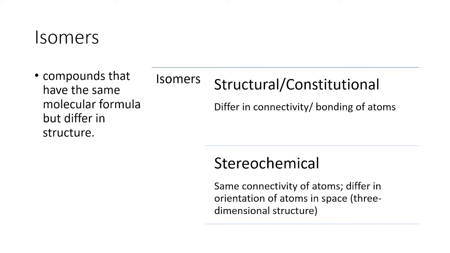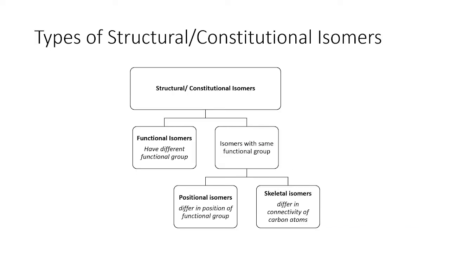We have structural isomers that differ in functional group, or functional isomers. Also, we have isomers with the same functional groups that differ in the position of the functional group, or positional isomers. And we have skeletal isomers, which differ in the connectivity of carbon atoms.